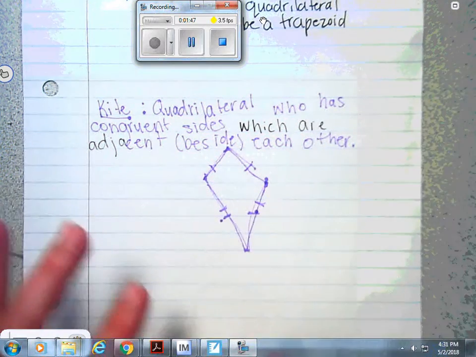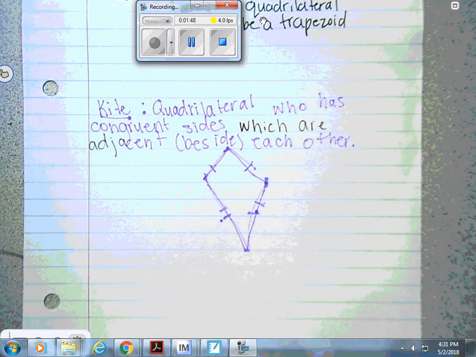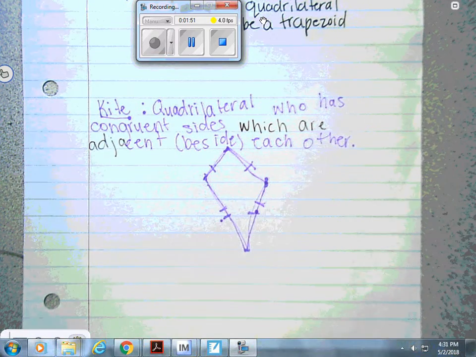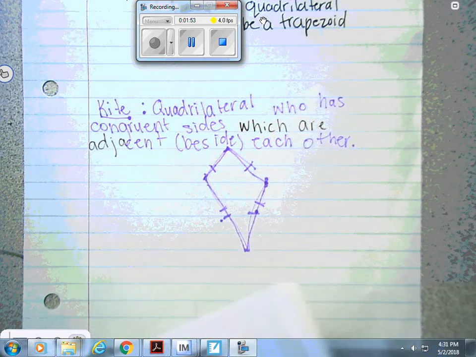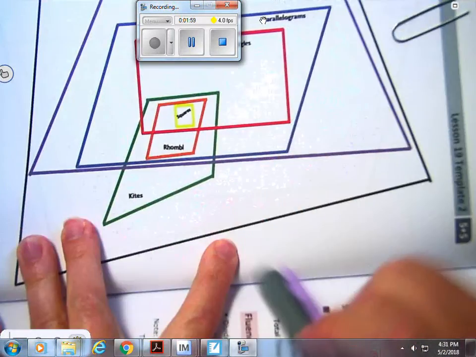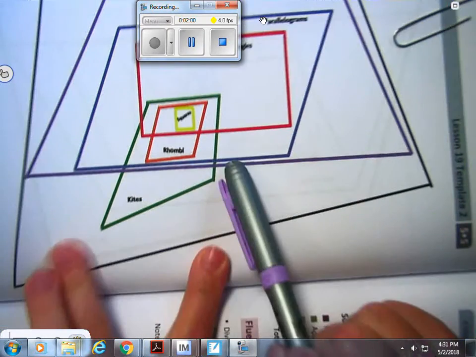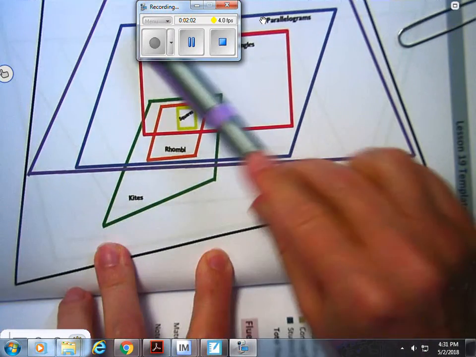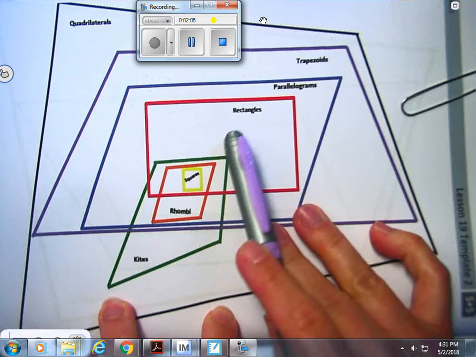So the main difference when we are looking at our hierarchy is a kite is a quadrilateral. It's in there in the whole quadrilateral box, in the quadrilateral club.